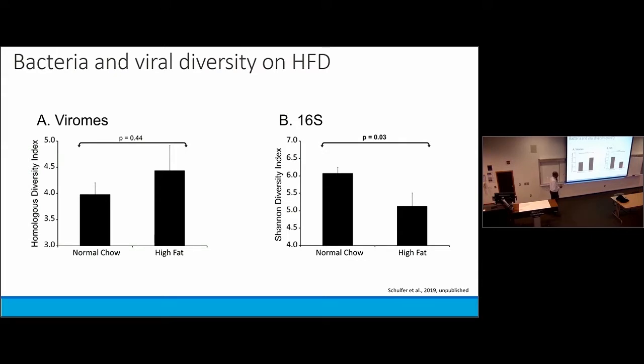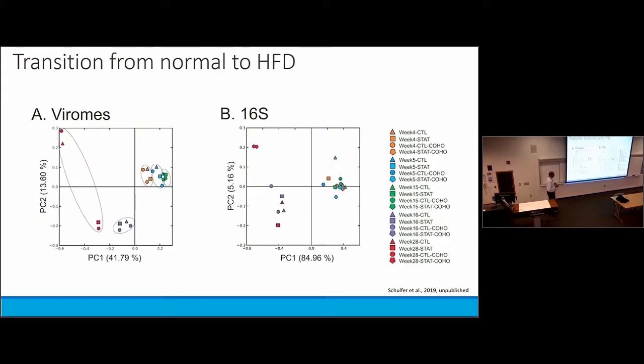One of the things that we know from looking at mice on normal and high-fat diets over time is that generally once you transition them to a high-fat diet, you significantly decrease the diversity of the bacteria in their gut. Interestingly, even though it's not statistically significant, we see a trend towards increased diversity in the virome in the gut when we swap them to high-fat diets.